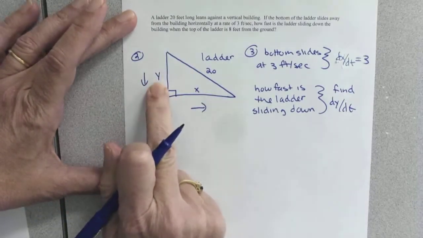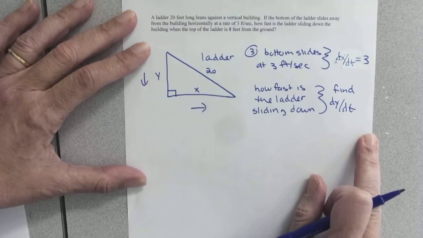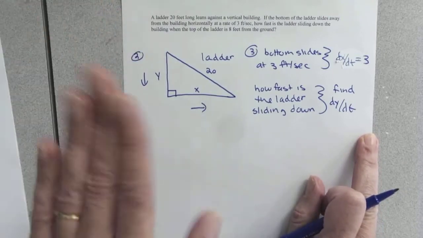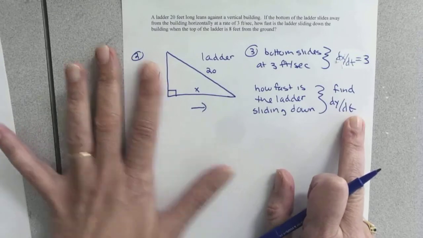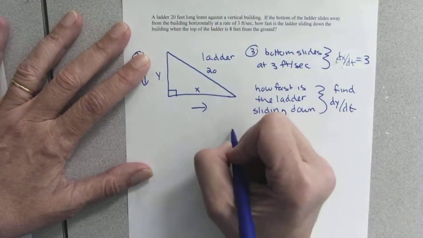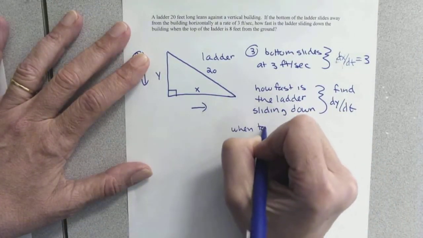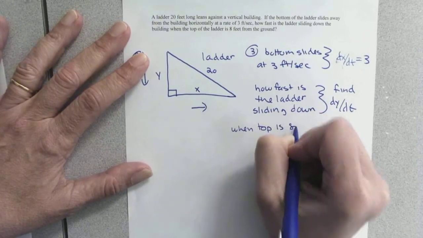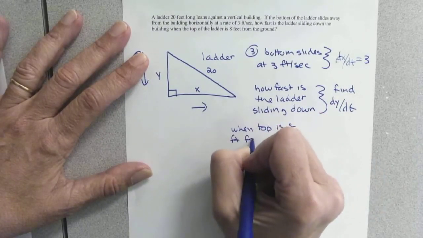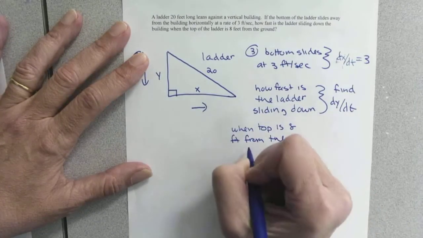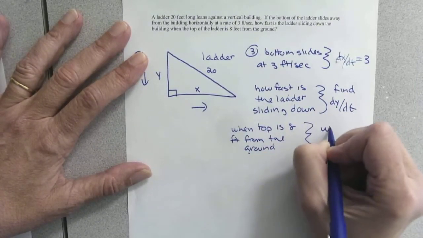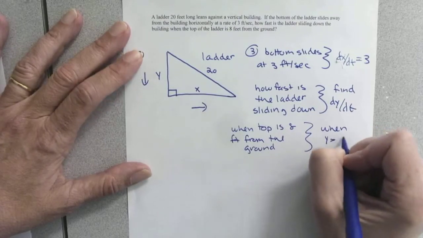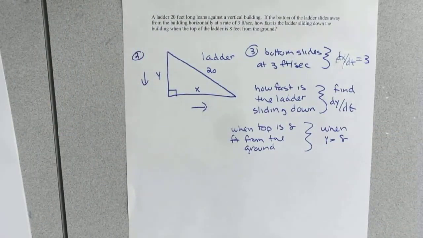And again, I have told my reader what y is, so when I say find dy/dt, that makes sense. If there's no y over there, you don't know what that means. And then lastly, when top is 8 feet from the ground, that would be when y equals 8. And so there's my setup.